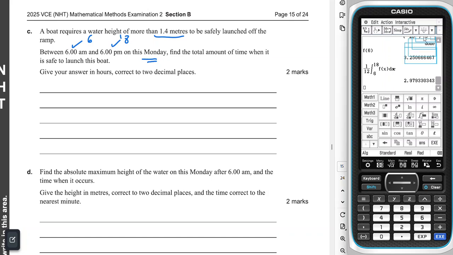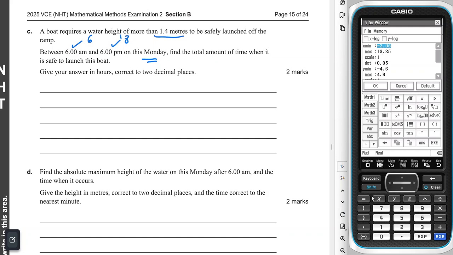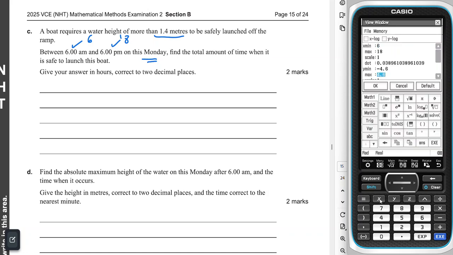Okay, so let's have a little look. And we want to go from 6 to 18. And let's have a little look at f of x. Let's go the height a little bit higher than that, let's go to say 6.